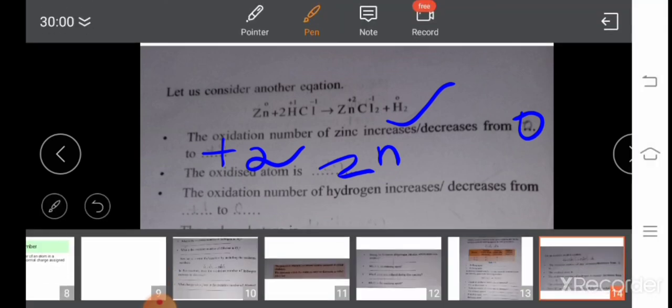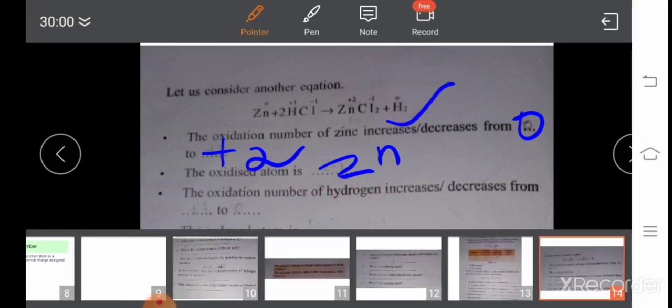Third question. The oxidation number of hydrogen increases or decreases from dash to dash. Here you can see before the chemical reaction the oxidation number of hydrogen is +1 and after the chemical reaction it is 0.